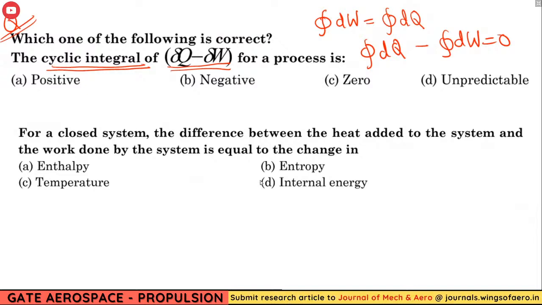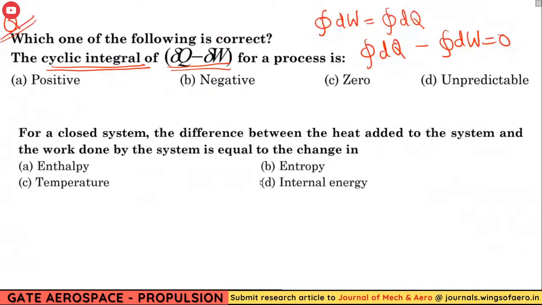Some of you are telling negative, unpredictable, positive. Whenever they give any question, try to relate it with some formulas. Try to connect that with the formula. Now, what I have used, I know dQ and dW are in the first law of thermodynamics. Here it is much easier.